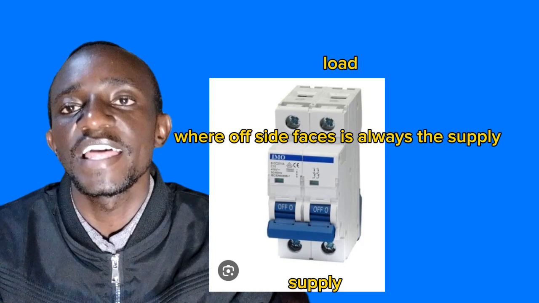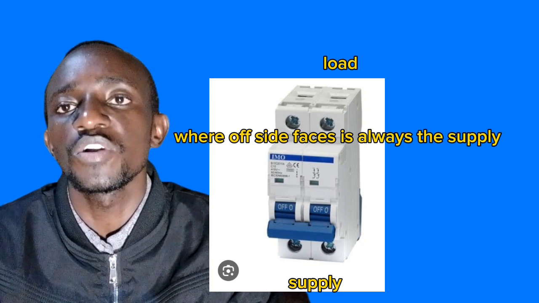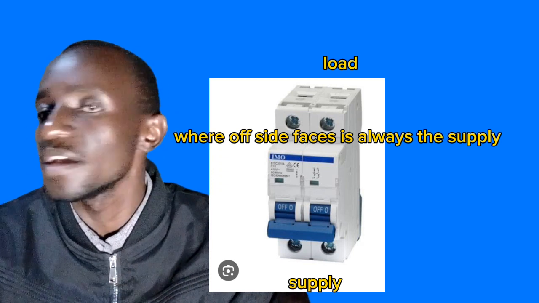So if there's nothing to show that these cables are line and these ones are load, like for instance in most of the circuit breakers, you'll find that there is an indicator somewhere.